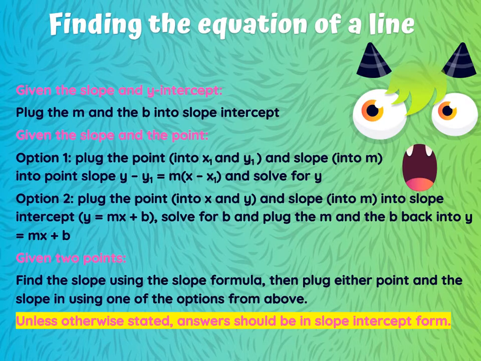If I give you a slope and a point, we have two different options. We can either plug it into y equals mx plus b, find the b, and then plug it back in, or plug it into point slope, distribute, combine like terms.